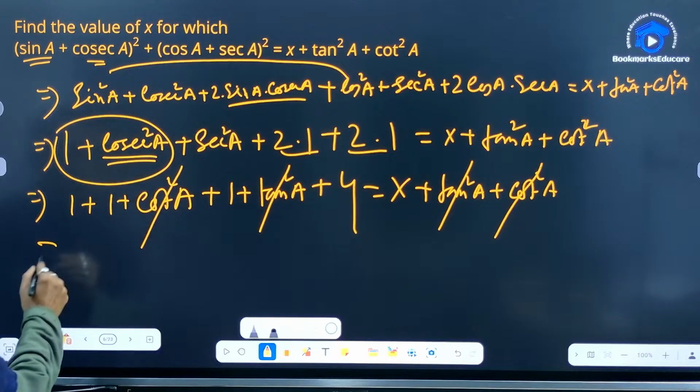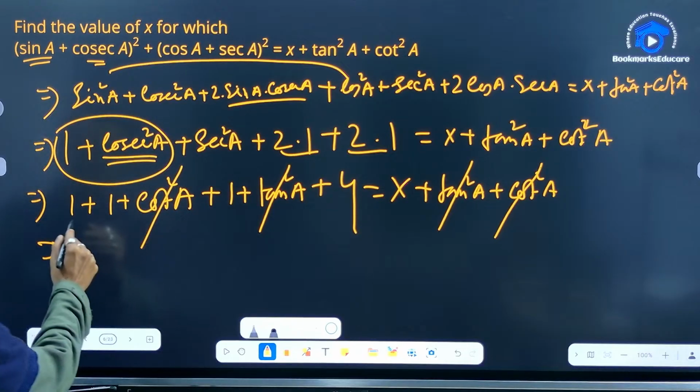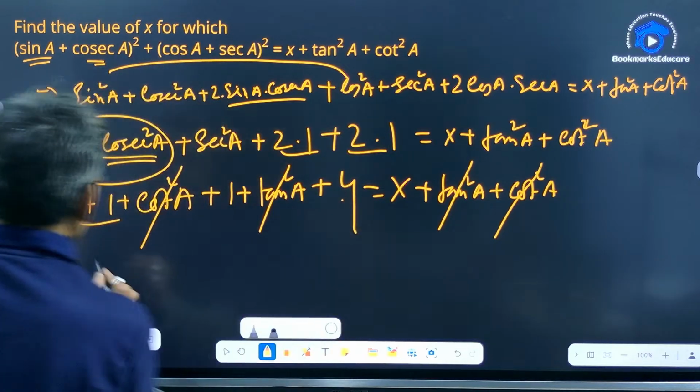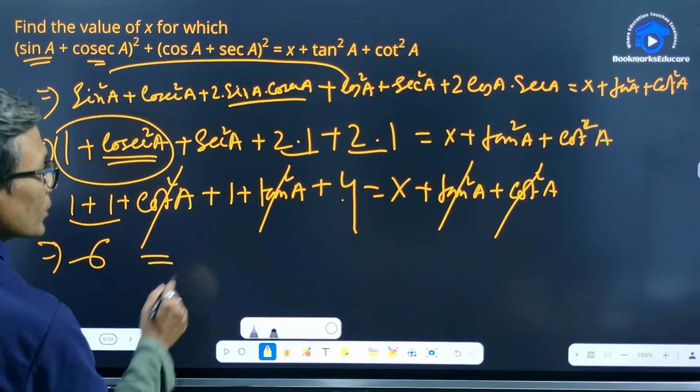So 1 plus 1 is 2, here 4, 2 plus 4 means 6 is equal to x.